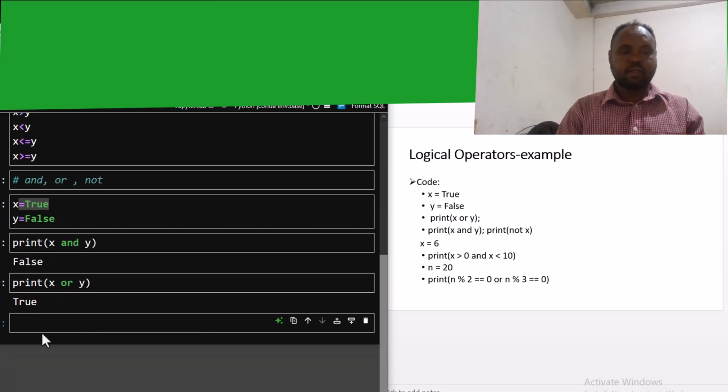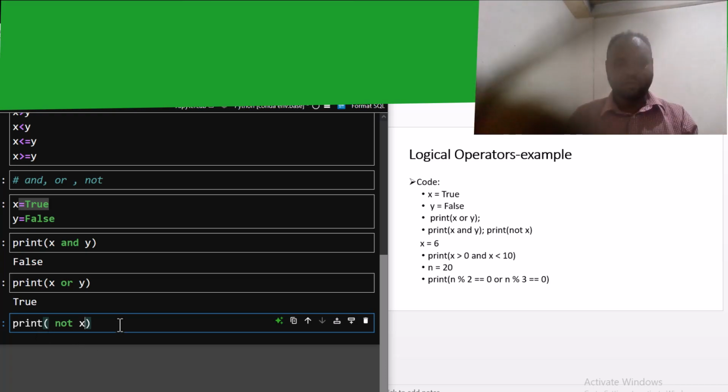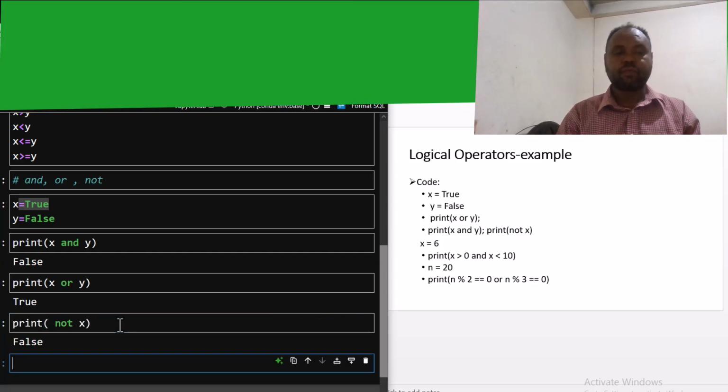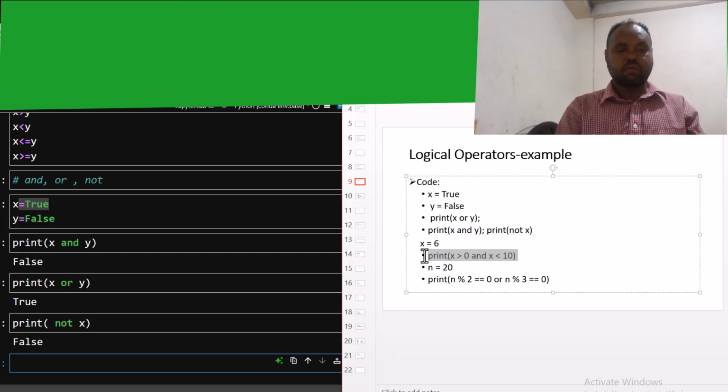The other thing, what this yields: not x. Not x now is false because the original value of x was true. Not is useful to invert the original value of a variable. So the original value of variable x was true, so due to the not keyword, it is inverted to false now. This is false.